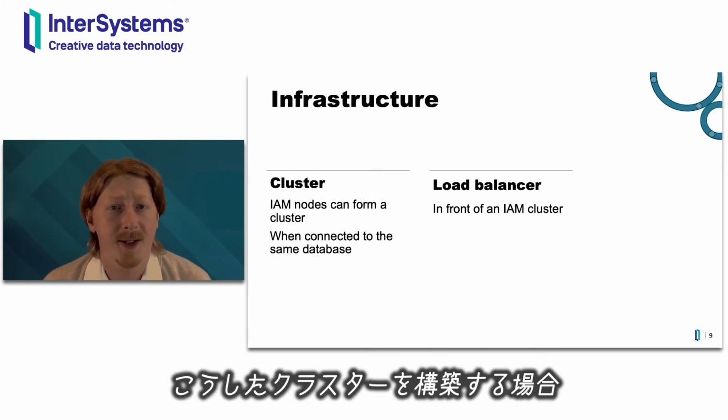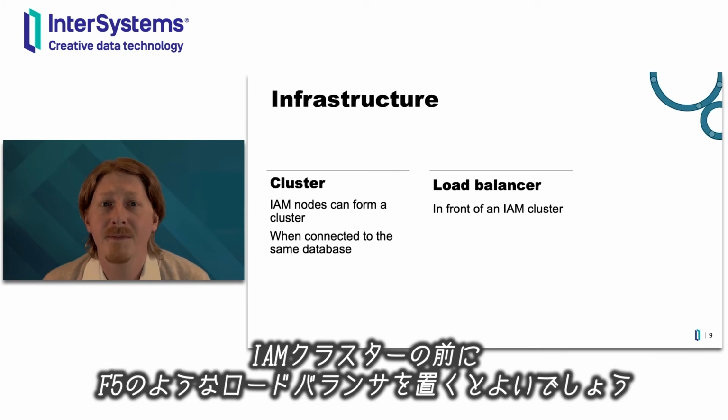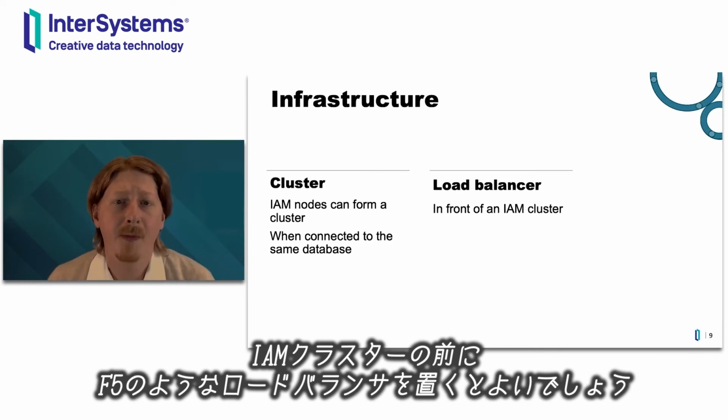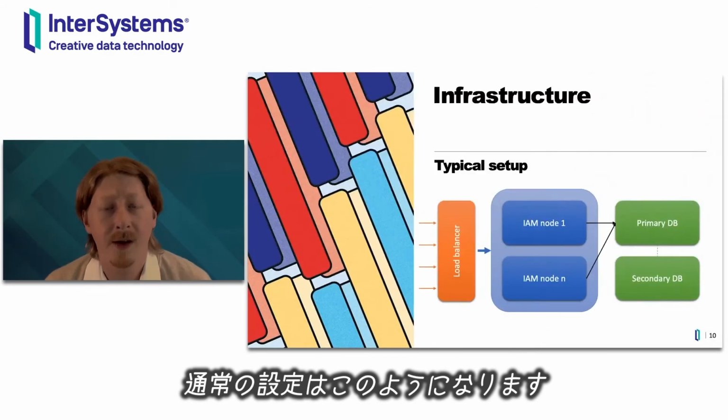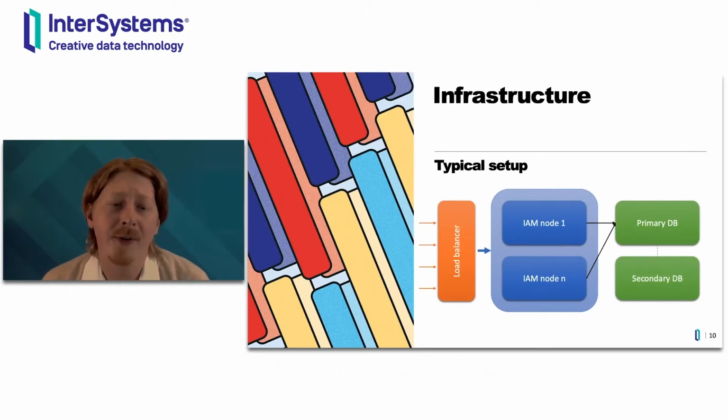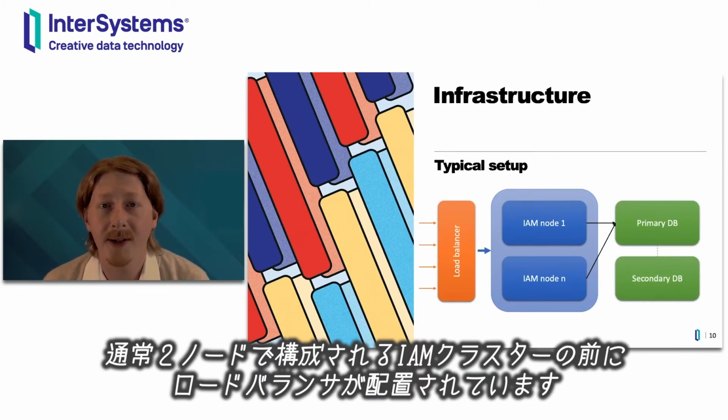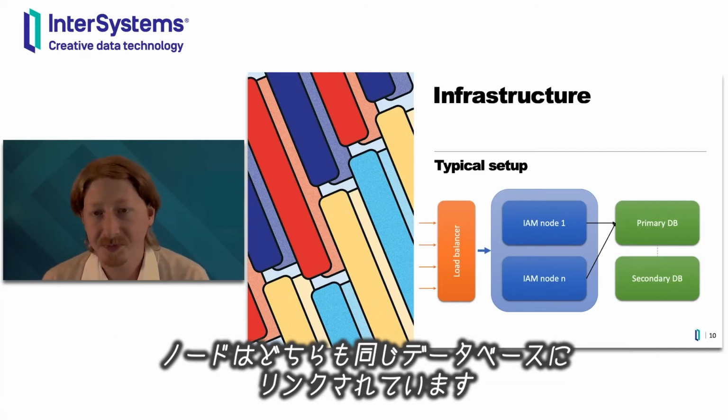Usually when you build these clusters, what you want to do is position a load balancer like F5 in front of your IAM cluster. So a very common diagram of what you're going to find in the field is this. That's a typical setup. You have the load balancer in front of your IAM cluster, which is formed by at least one node, but typically two, and they are linked to the same database.